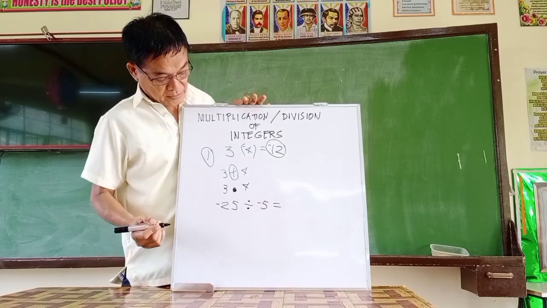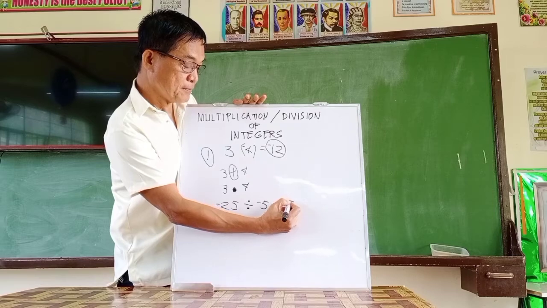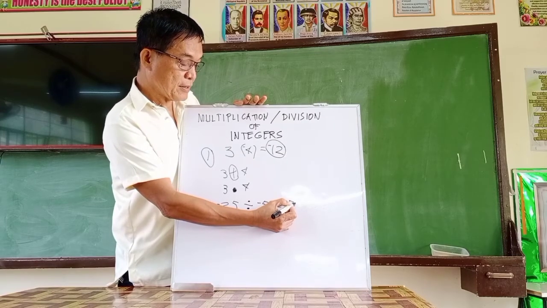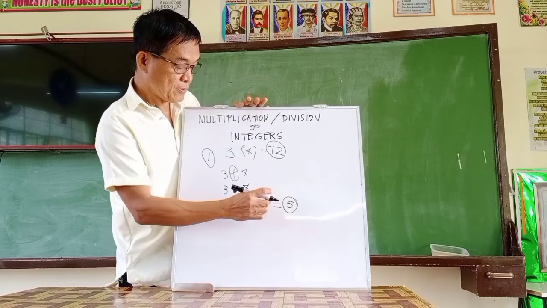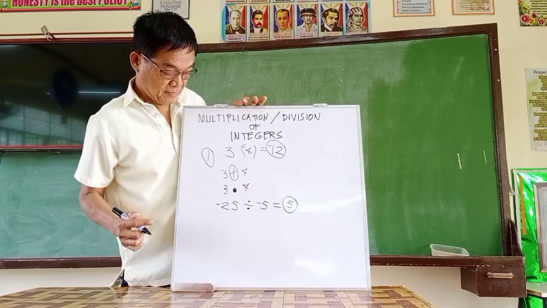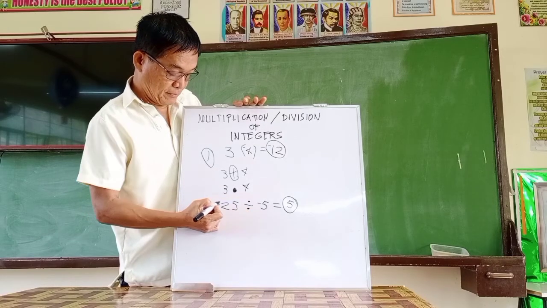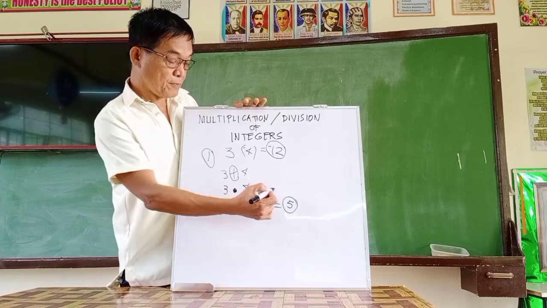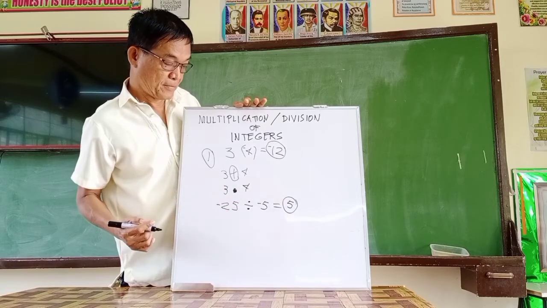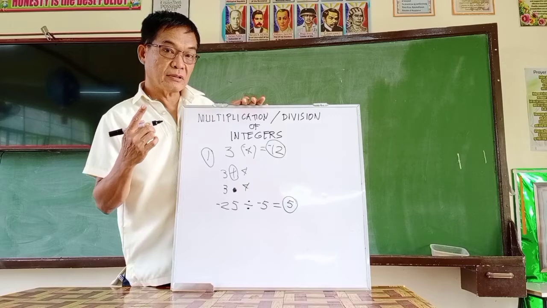Okay? So, positive 5. The 5 has no sign, meaning no sign is positive. Both are negative, so the answer is positive 5.